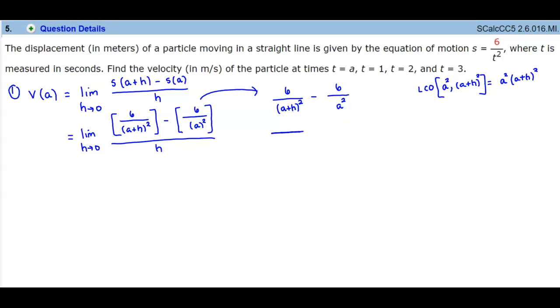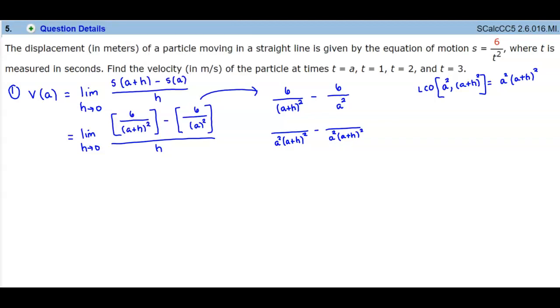So that's going to be the denominator. So we have a squared times a plus h squared minus a squared, again using the same denominator, a squared times a plus h squared.